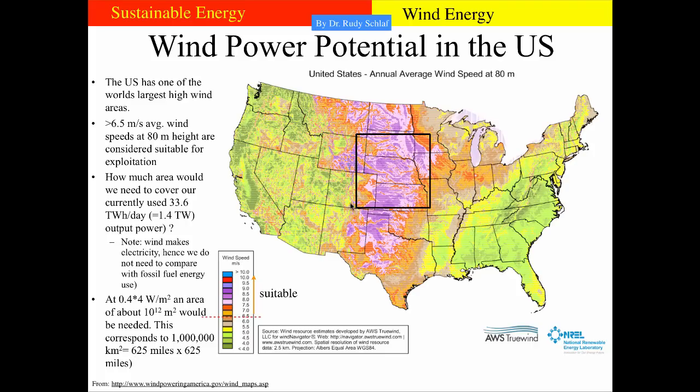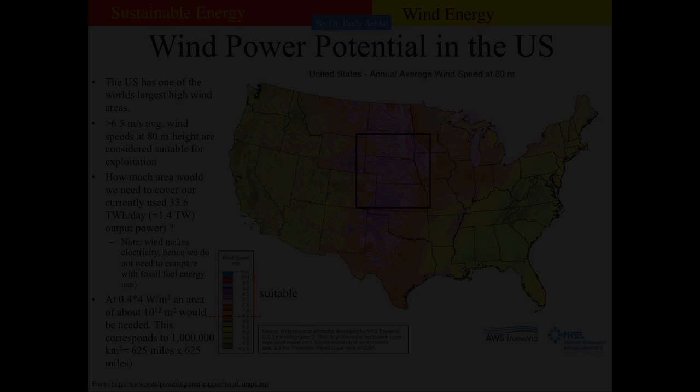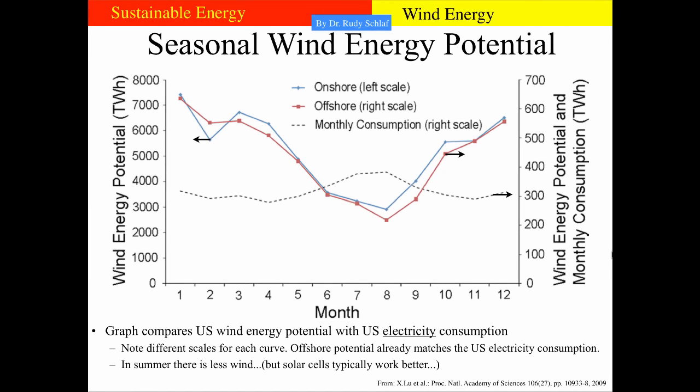I tried to sketch that in this map with this square, and so you see, in any realistic scenario we would have to use pretty much the entire area and plaster it with windmills if we wanted to consistently live off wind power.